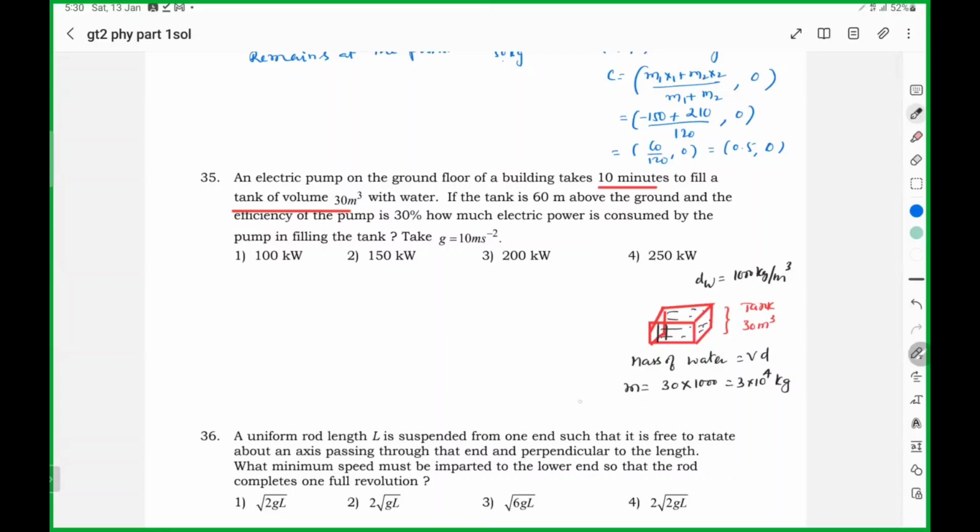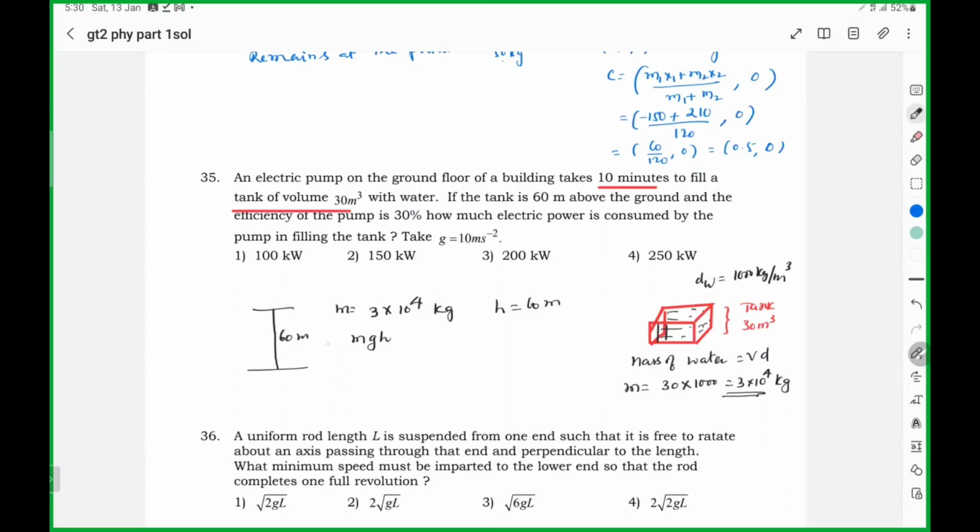So the tank is at a height of 60 meters. The amount of water to be lifted is 3 into 10 power 4 kg. This is the mass, and the height here is 60 meters.